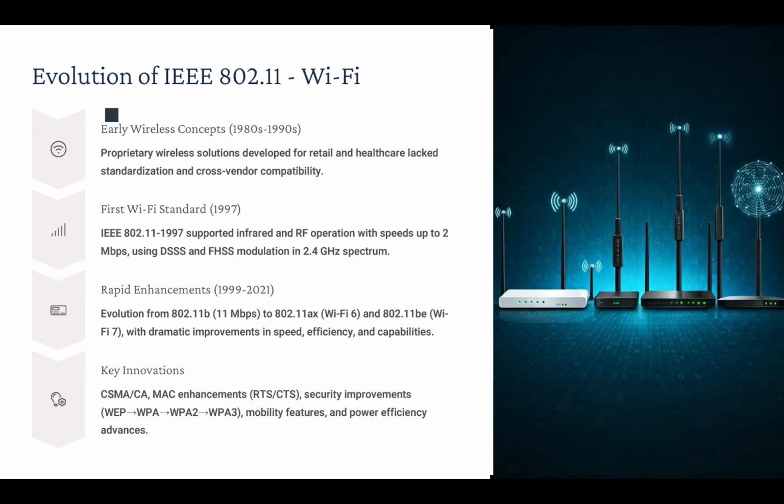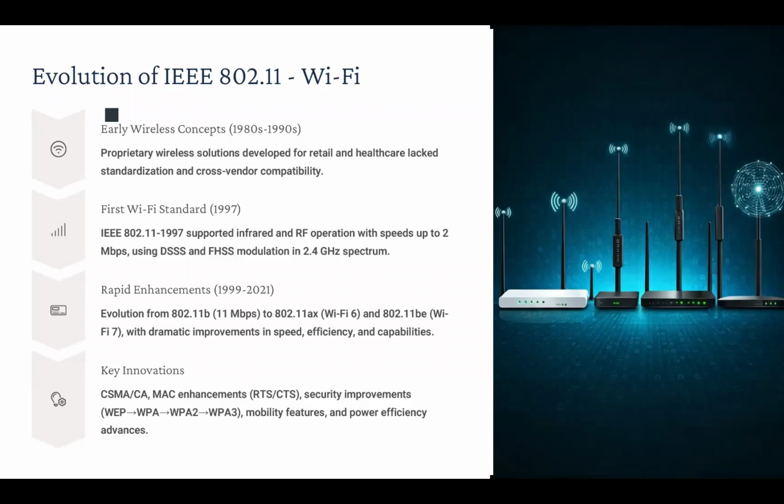It used two modulation techniques, either DSSS, which is direct sequence spread spectrum, or FHSS, which is frequency hopping spread spectrum. This standard basically created a foundation for modern Wi-Fi by defining key concepts like basic service sets, MAC management, and frame types.